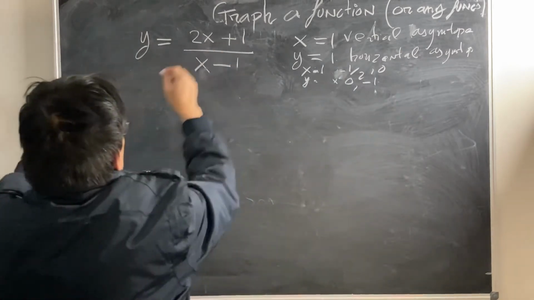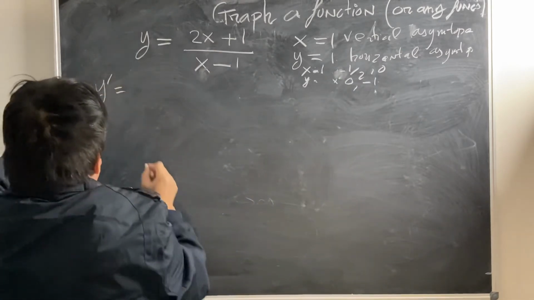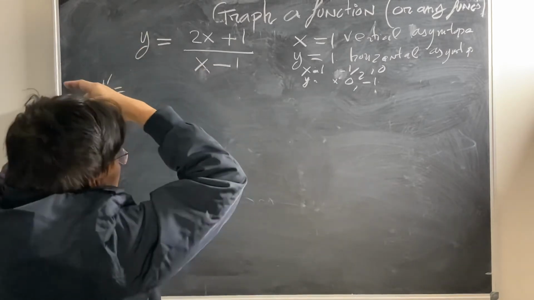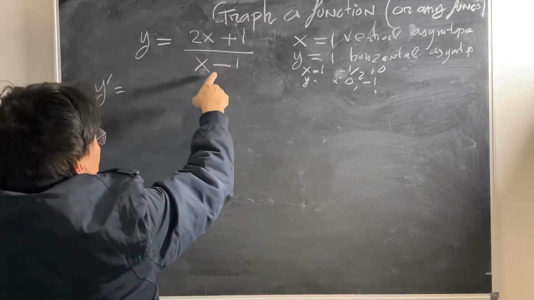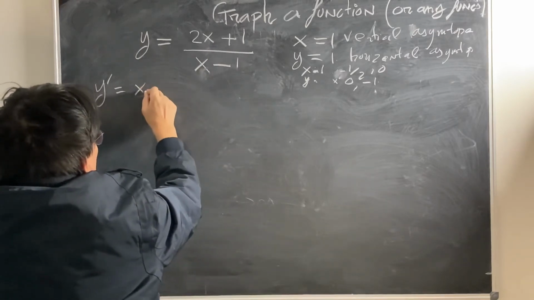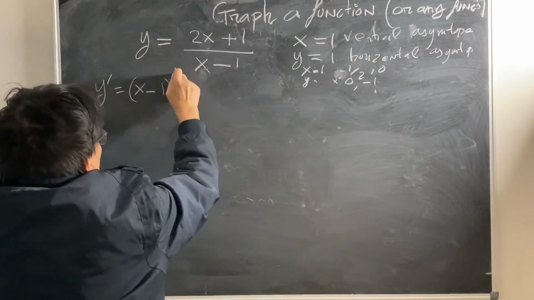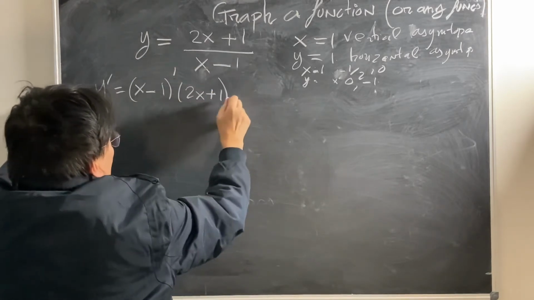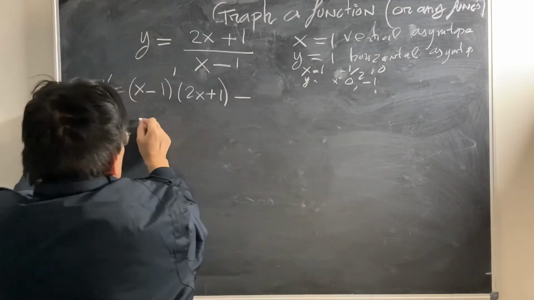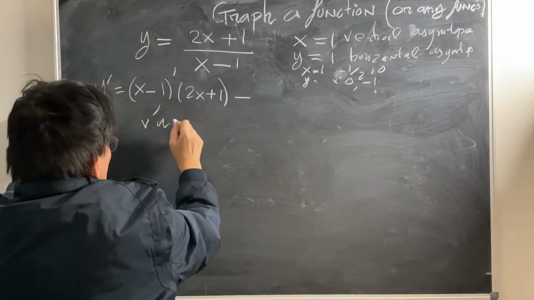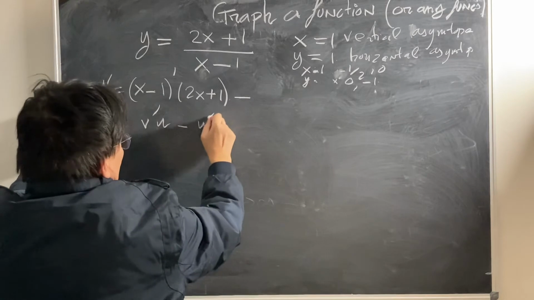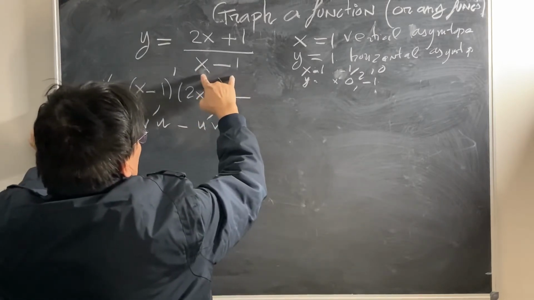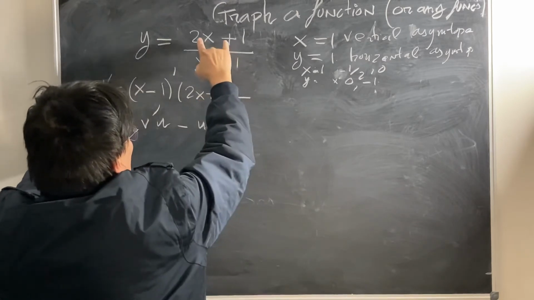Okay, take the derivative of this, y prime. We have a quotient, so you can apply the quotient rule for the derivative. So it's the derivative of the numerator, 2x plus 1, times the denominator, x minus 1, minus... okay, v prime u minus u prime v, where v is the denominator and u is the numerator.